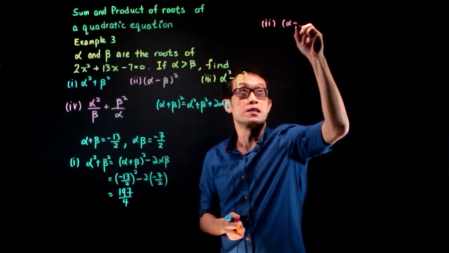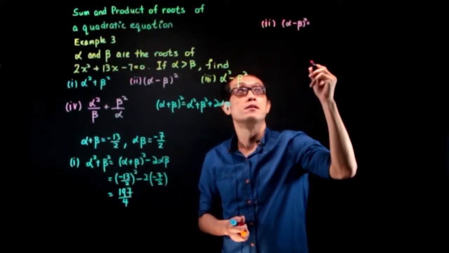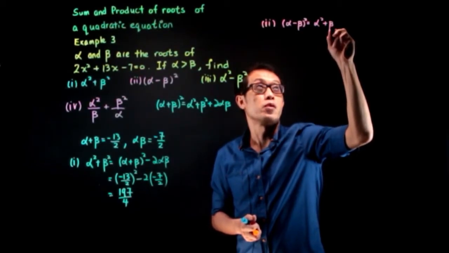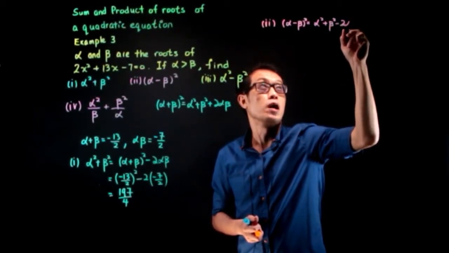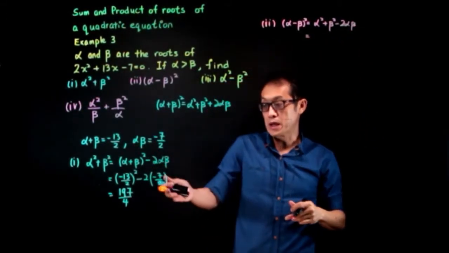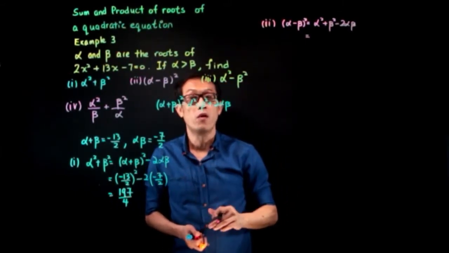Now maybe we can just expand it. What do you get? You got alpha squared plus beta squared minus 2 alpha beta. Now what is alpha squared plus beta squared? It is 197 over 4.